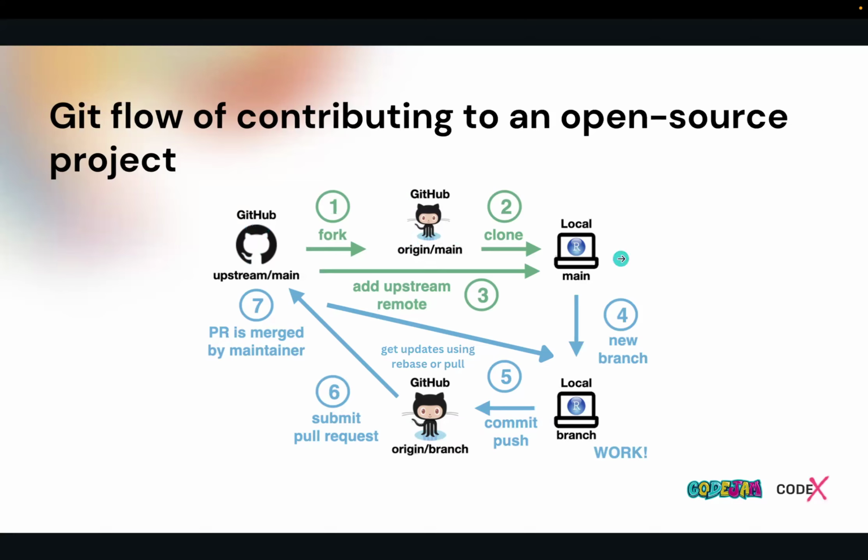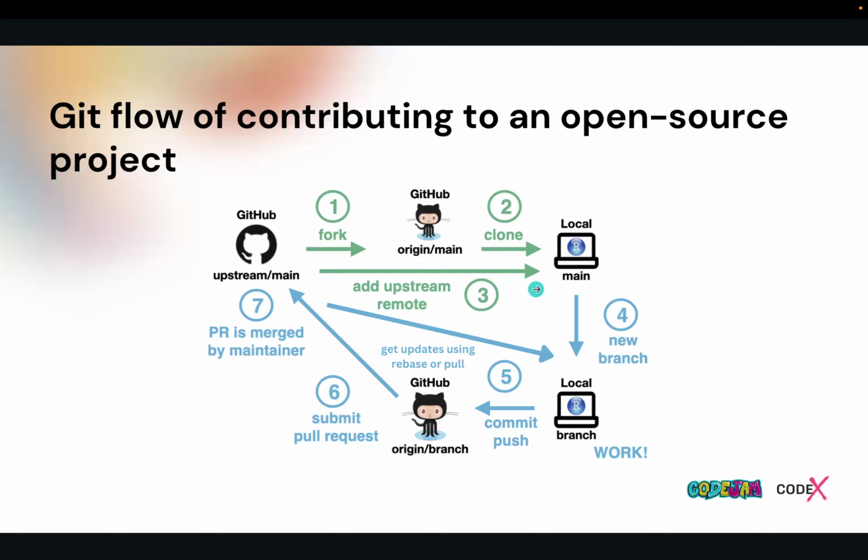Then you can take a clone from your origin to your local machine to make the code changes in your local machine. So that is the main flow. Some people are maintaining this the other way as well.